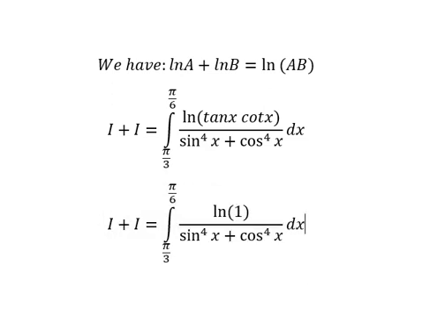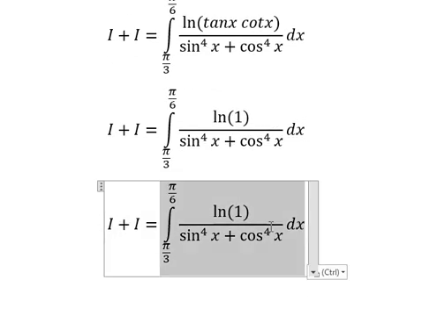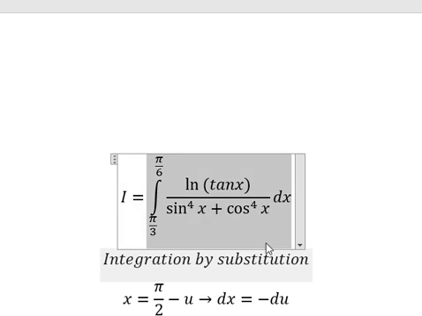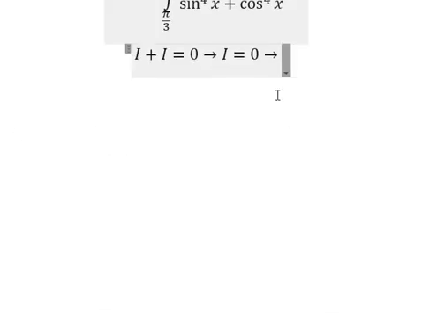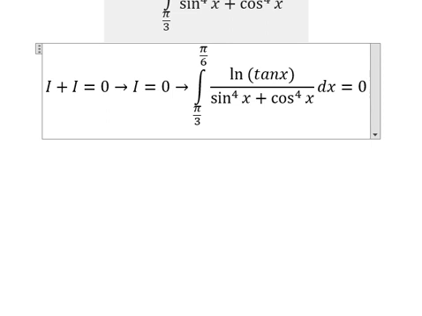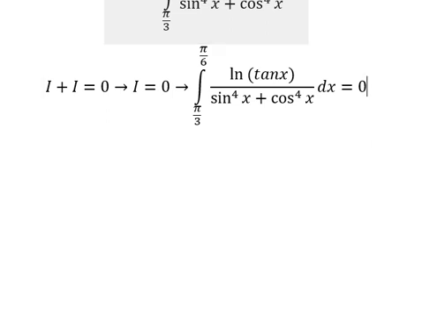And number 1, you get number 0. That means I equals 0. So that means this one equals 0. And this is the final answer. This is the end. Thank you for watching.